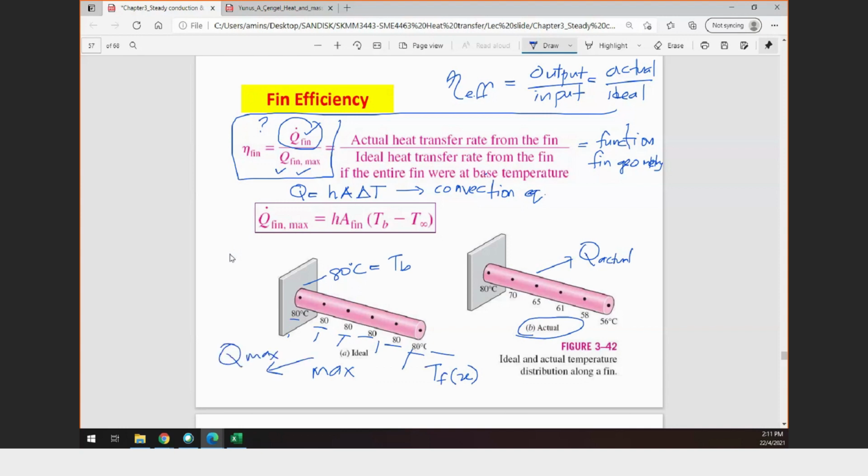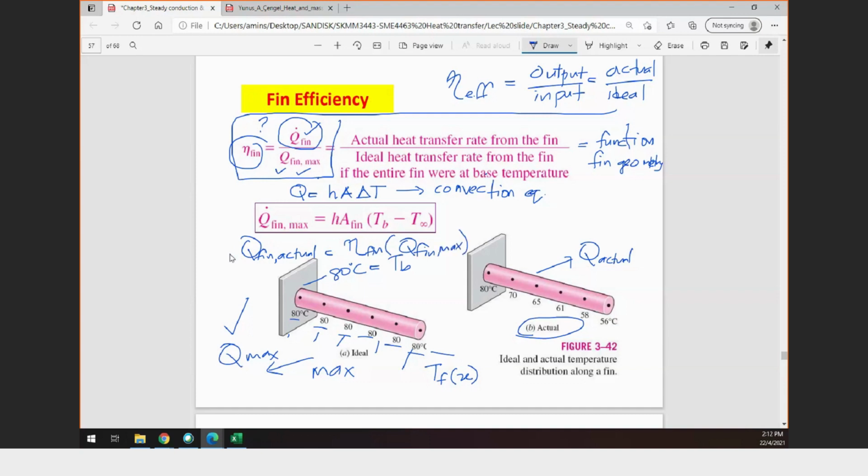Normally we can estimate this, and we can estimate the fin efficiency using the fin geometry. I will show it later. So by knowing these two, you can find Q fin actual equals the efficiency of the fin times the Q fin maximum.